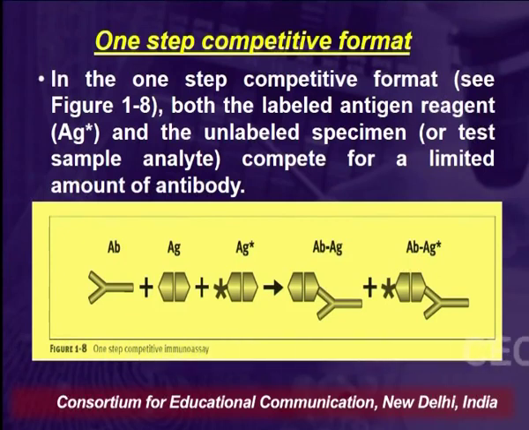So there is a limit: on half of the antibodies the labeled antigen will go and give a specific reaction, and on the other half the unlabeled antigen will go and give a specific reaction. This is known as the one step competitive format of an immunoassay technique.